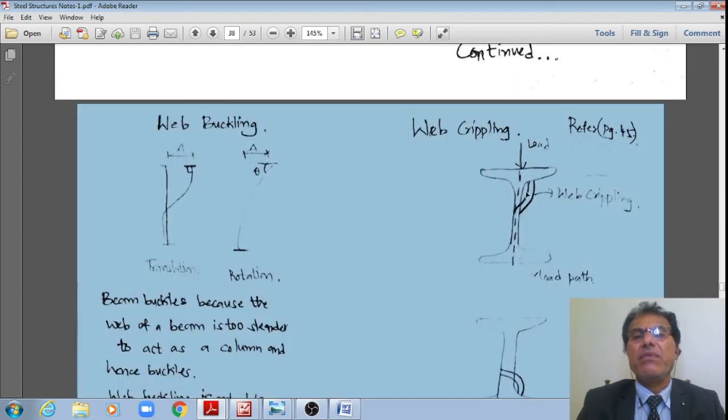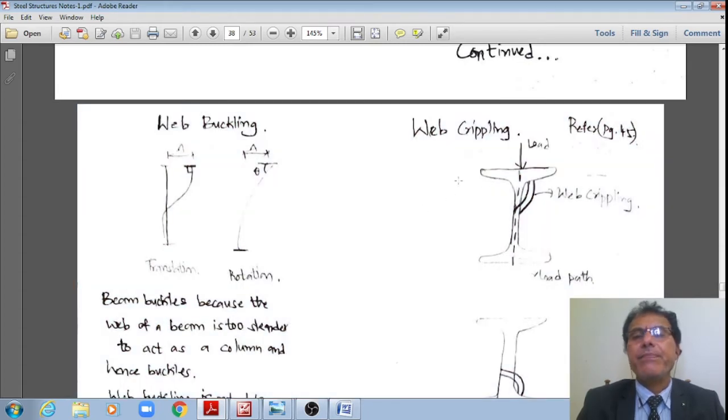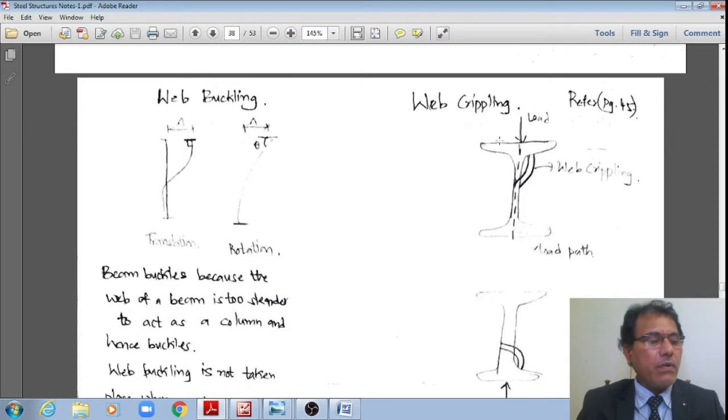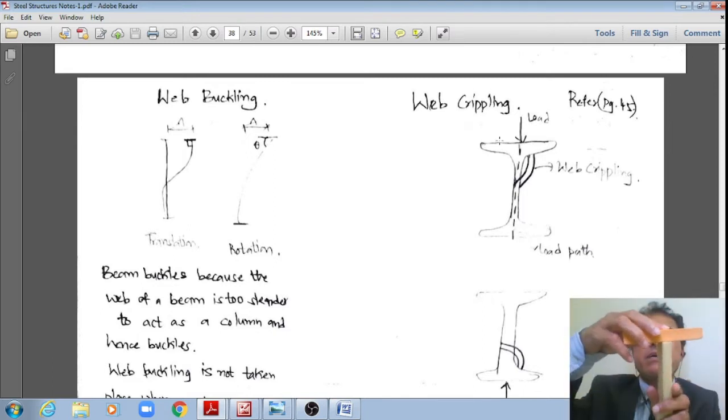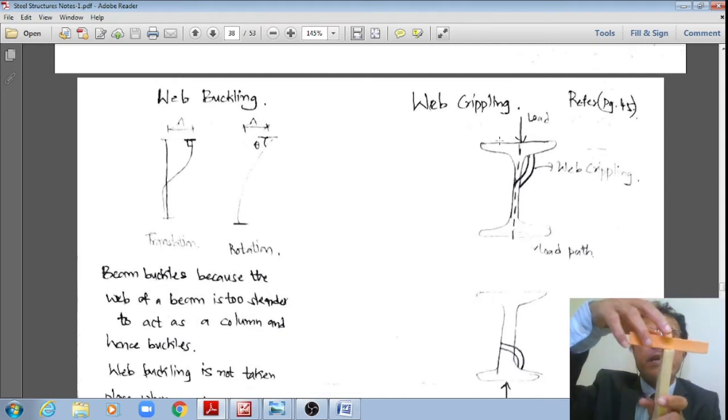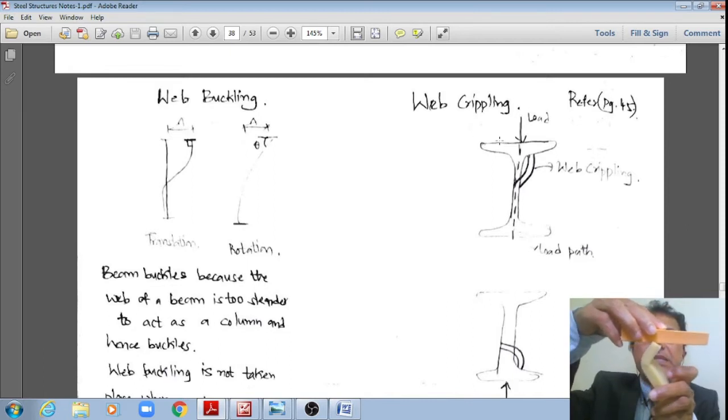Whereas, what is web crippling? Web crippling means, once a heavy load is being transferred in the form of a concentrated load at an intermediate location, at the intersection of the flange with the web, immediately a kink will form like this, unable to bear that load.